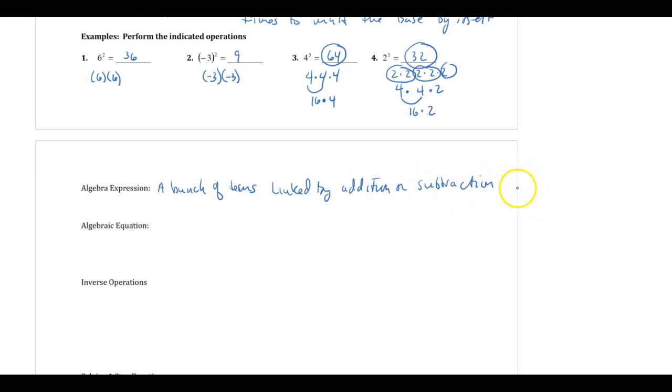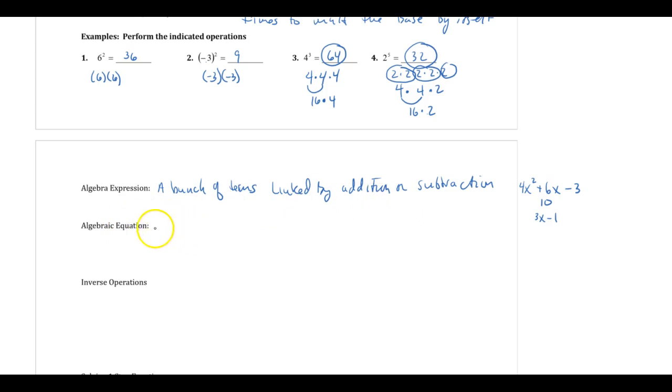So we've seen stuff like 4x squared plus 6x minus 3. This is an algebraic expression. 10 is an algebraic expression. 3x minus 1 is an algebraic expression. So anytime you have terms linked by addition or subtraction, you basically get an algebraic expression.